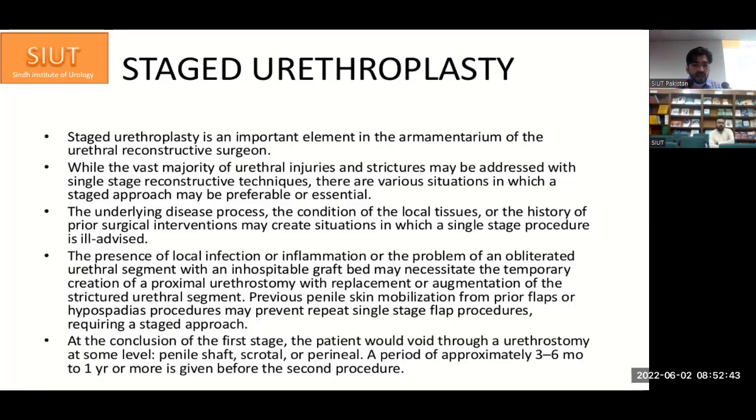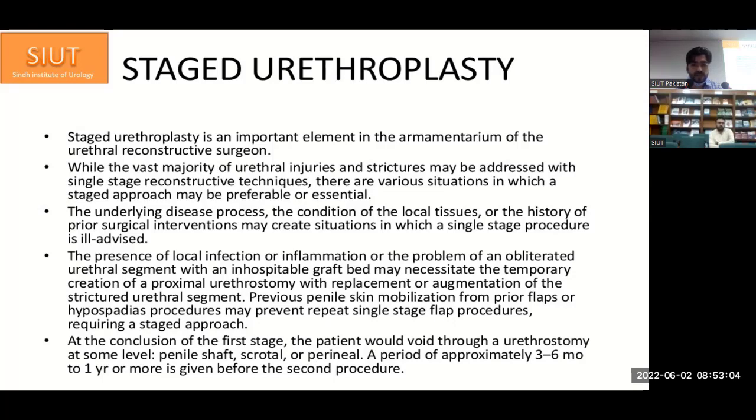The presence of local infection or inflammation, or an obliterative urethral segment with an inadequate graft bed, makes temporary creation of a proximal urethrostomy necessary while replacing or augmenting the stricture urethral segment.